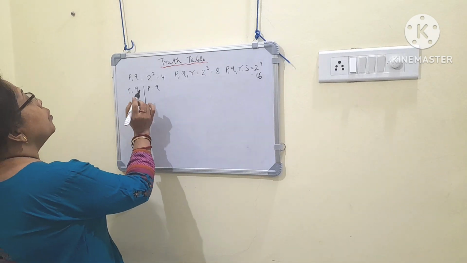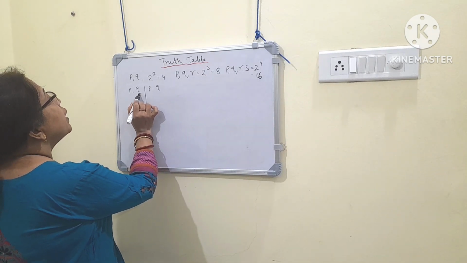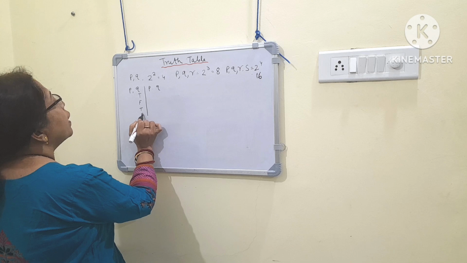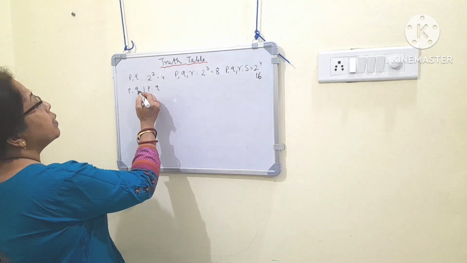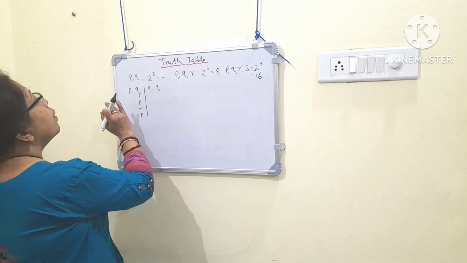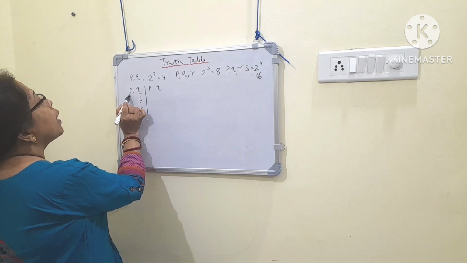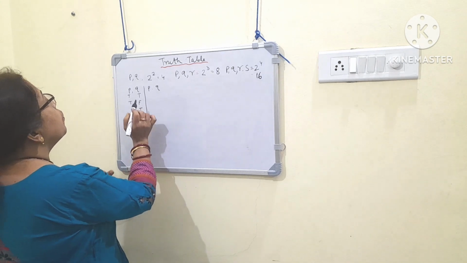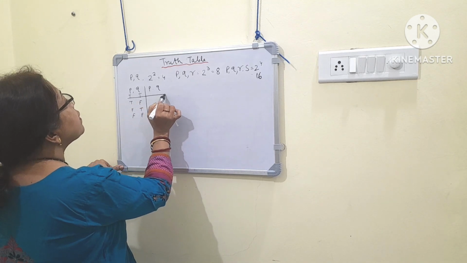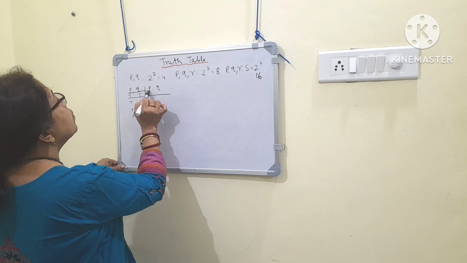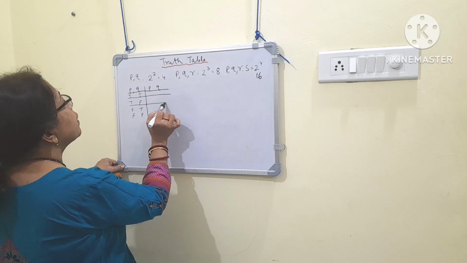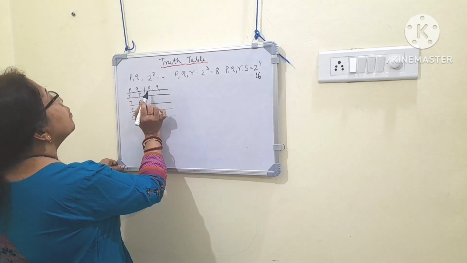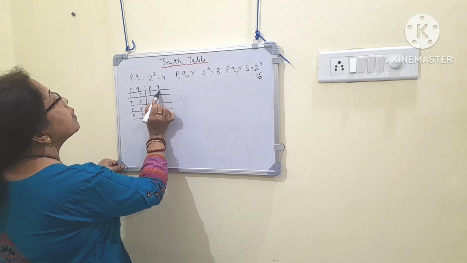First, on the right side, you have to write T, F, T, F. I have told you there are 4 rows. And on the left side, for P, you have to write T, T, F, F. You can draw a line here if it is easier for you.